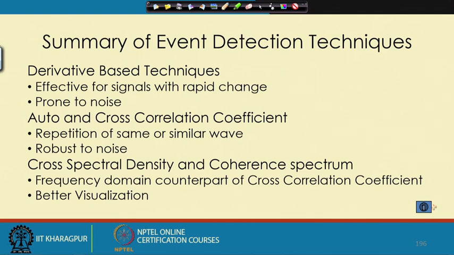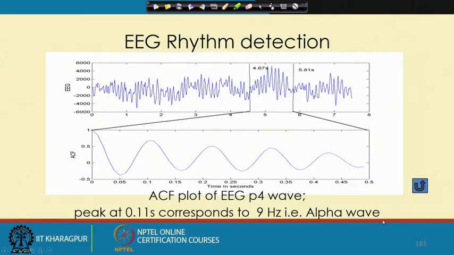So, let us go back to some of the examples that we have taken. I think then we can recall them better. Here in the P4 wave, we are searching for the presence of a pattern that we have shown in this area, and it seems that it is repeated. It seems to be like an alpha wave.